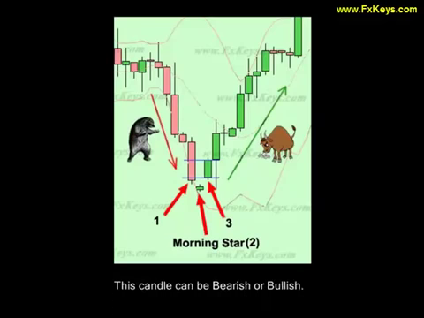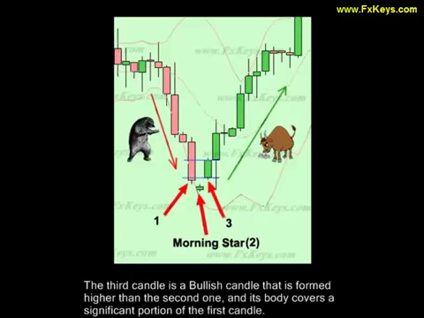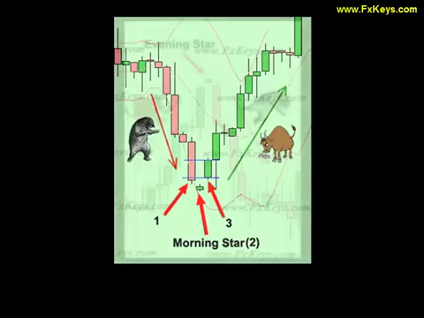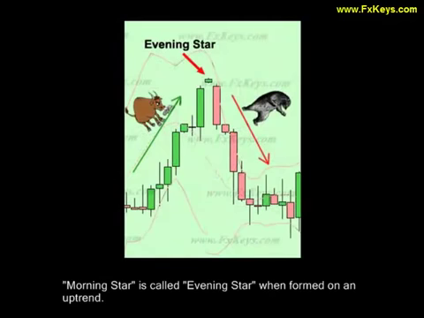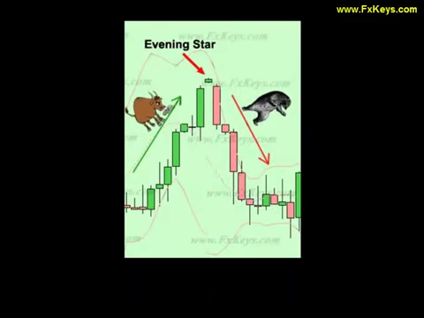This candle can be bearish or bullish. The third candle is a bullish candle that is formed higher than the second one, and its body covers a significant portion of the first candle. Morning star is called evening star when formed on an uptrend.